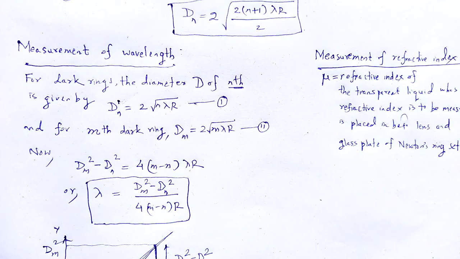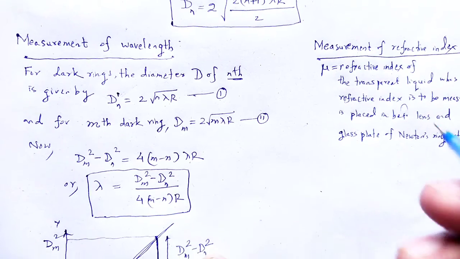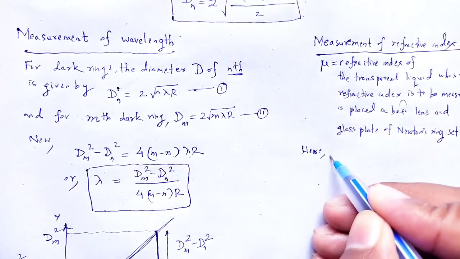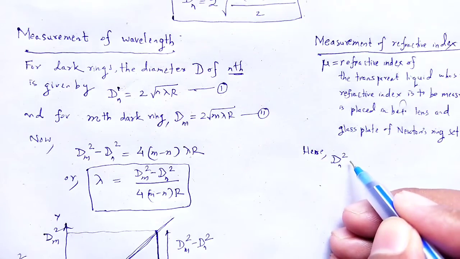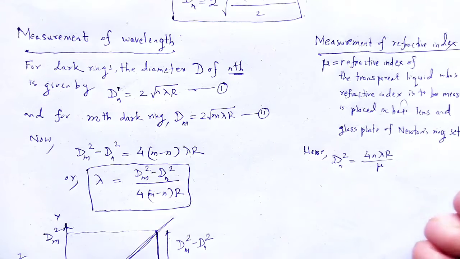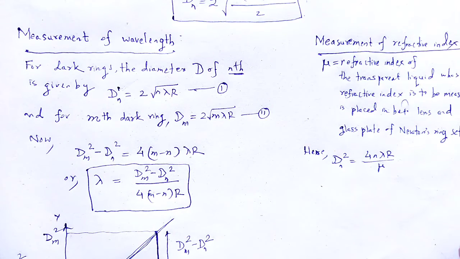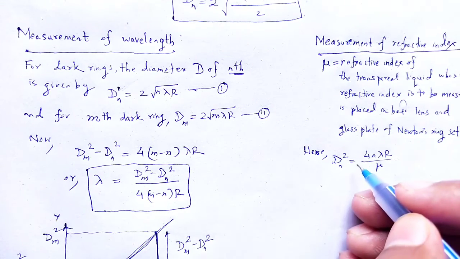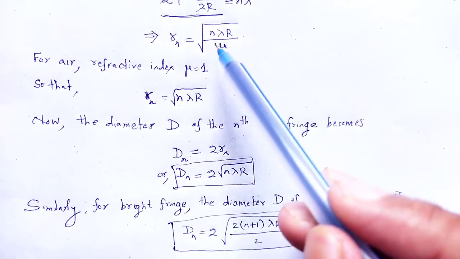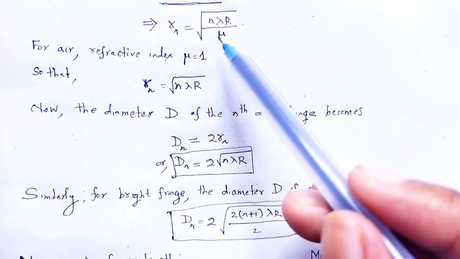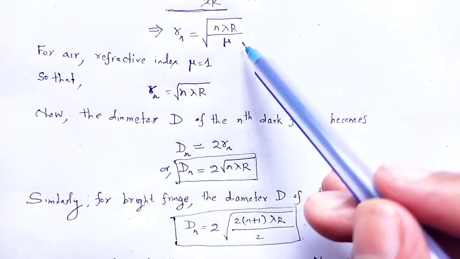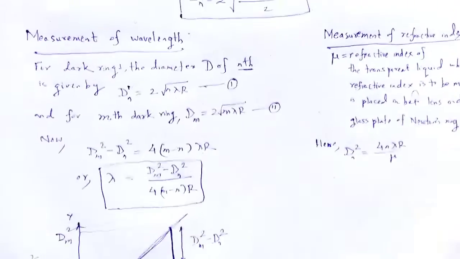How to measure? For the diameter of the nth dark ring, dn square is equal to 4n lambda r divided by mu. Use the expression for radius, then for diameter, due to the refractive index, divide by the refractive index term mu.